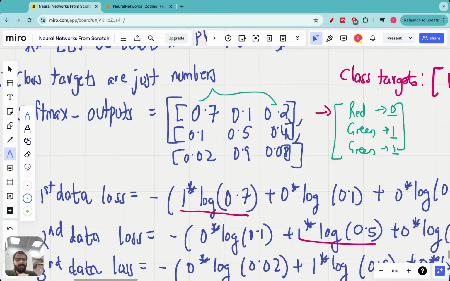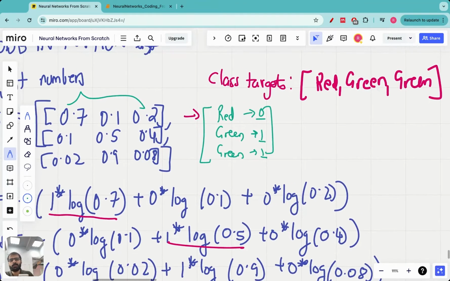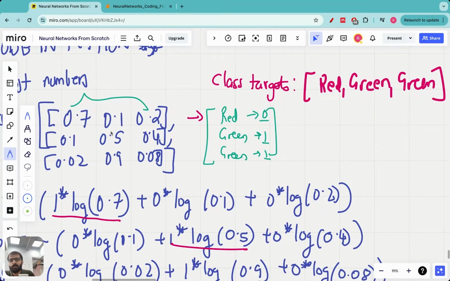Now, as a mathematical exercise, this should be pretty simple because of the trick which I have taught you. Let's look at it batch by batch. In the first batch, remember what I told you: always look at the correct answer and then only look at the confidence of that particular class. So in the first batch, the correct answer is red, so I only need to look at 0.7.